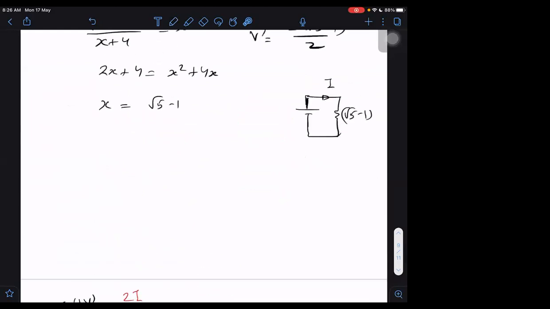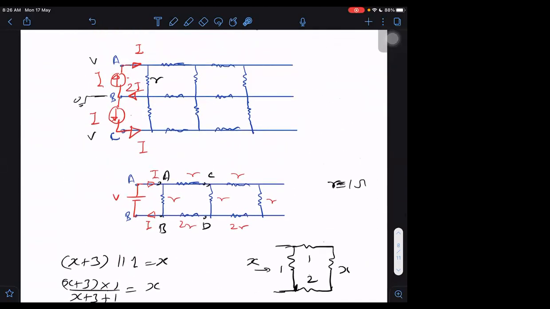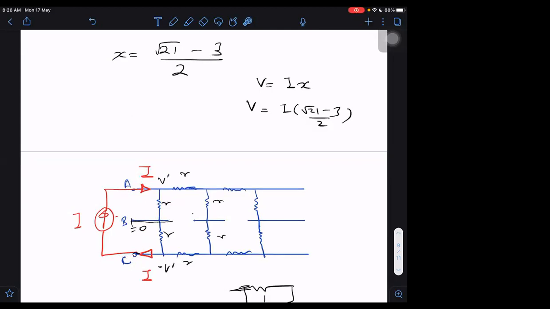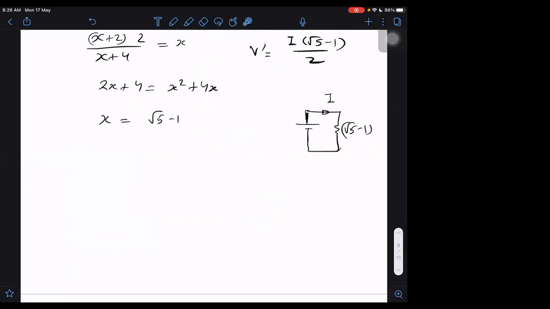So we could do it only easily by this method. First sending current I, taking back current I, and then next time sending current I and taking back current I, and then adding these two separately. Then we are getting it easily at last.